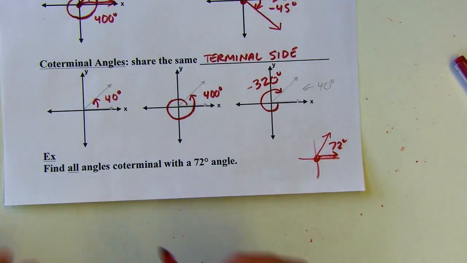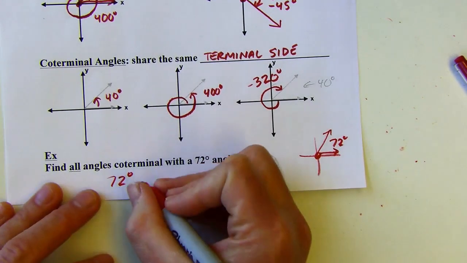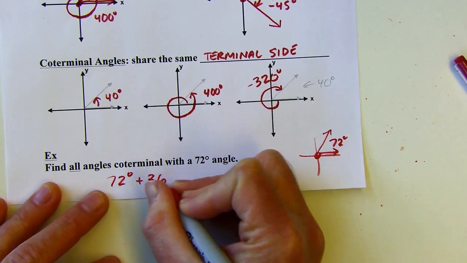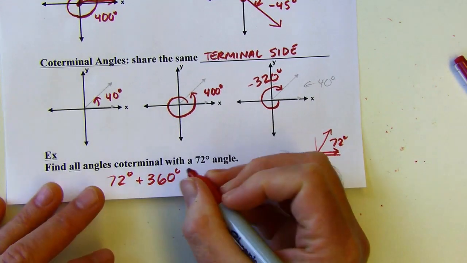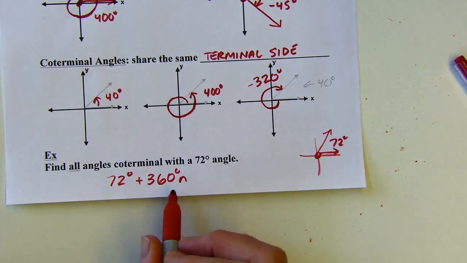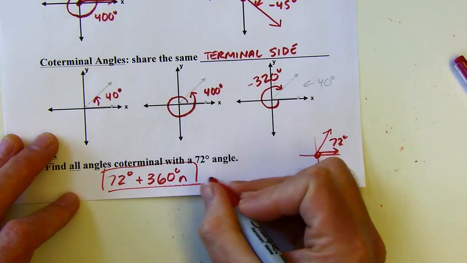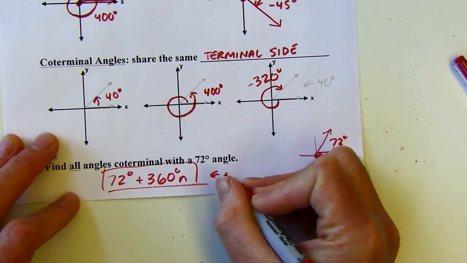So the way I'm going to write that, I'm going to take my original angle, and I'm just going to add 360 degree turns to that, so plus 360n. That's with the understanding that n is an integer.